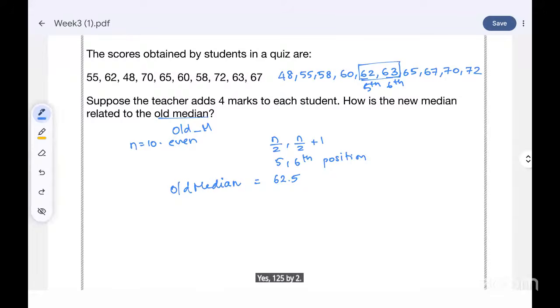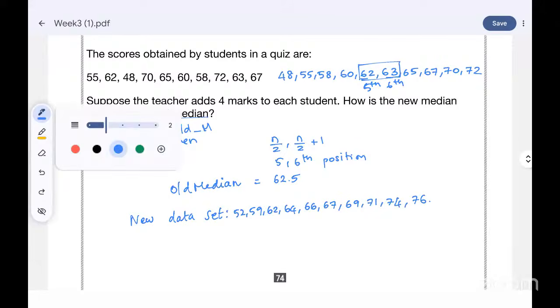And what is the new data set? We are adding 4 to each value.